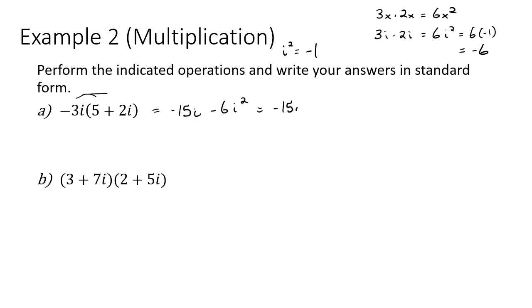So we've got a minus 15i minus 6 times negative 1. That minus 1 would make this minus a negative 6, so that's going to turn into a plus 6, but we want to write our answer in standard form a plus bi. So I'm just going to swap the order of the terms, and this would be the same as positive 6 minus 15i.